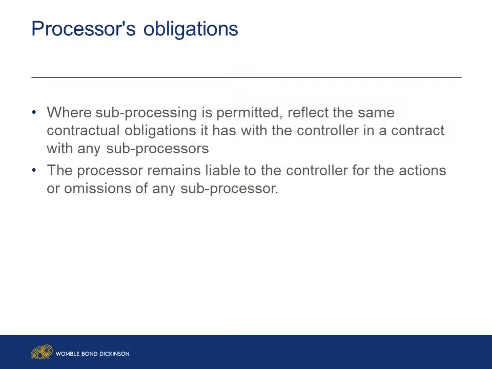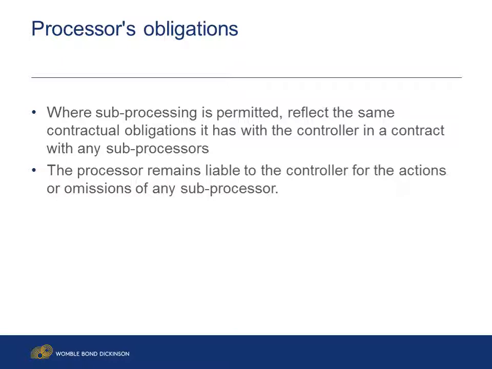Just as a controller might outsource or delegate all or part of its processing operations to a data processor, so a data processor might contract some of its functions out to a sub-processor. The data processor's ability to use sub-processors is usually subject to a requirement for consent from the data controller.